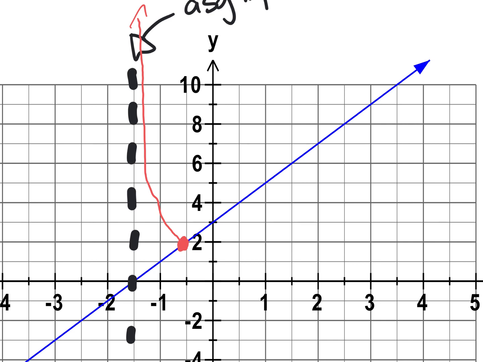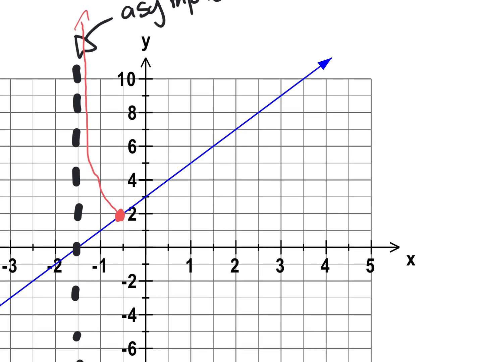And as x gets bigger, like it does going to the right of that red dot, what's 1 divided by a really big number? A really small number. So the graph is going to get smaller and smaller. But 1 over a massive number is still not going to be 0.